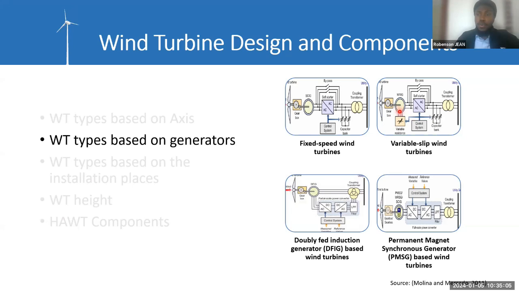This helps to make some variation in the rotating speed of the shaft of this kind of generator. And this is the doubly fed induction generator.